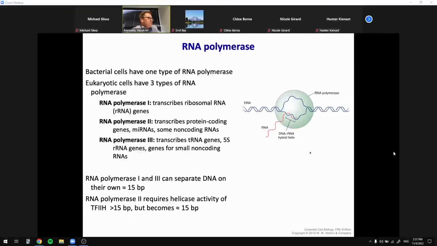RNA polymerase 2 is doing all the protein encoding genes. It also does a few things like microRNAs and some other non-coding, usually larger non-coding RNAs. And then RNA polymerase 3 does the tRNA genes and genes for really small non-coding RNAs.